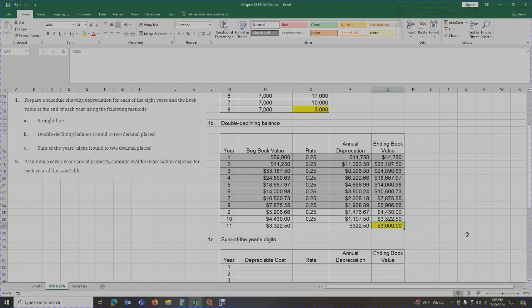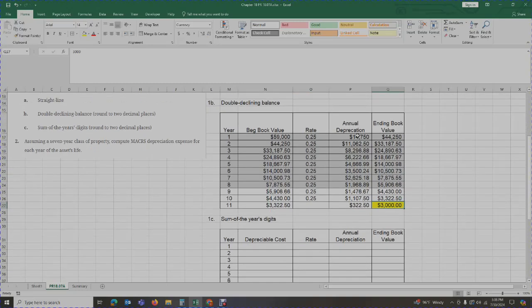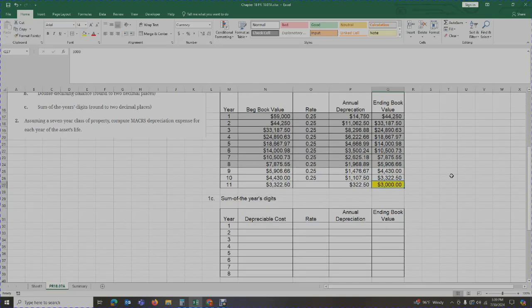Okay, so fairly straightforward. You're simply going to get the book value less the annual depreciation to get the ending book value, and then you bring down the ending book value, multiply it by your rate to get the annual depreciation. To get the ending book balance, you get the beginning book balance minus the annual depreciation, and that will give you the ending book balance. Okay?